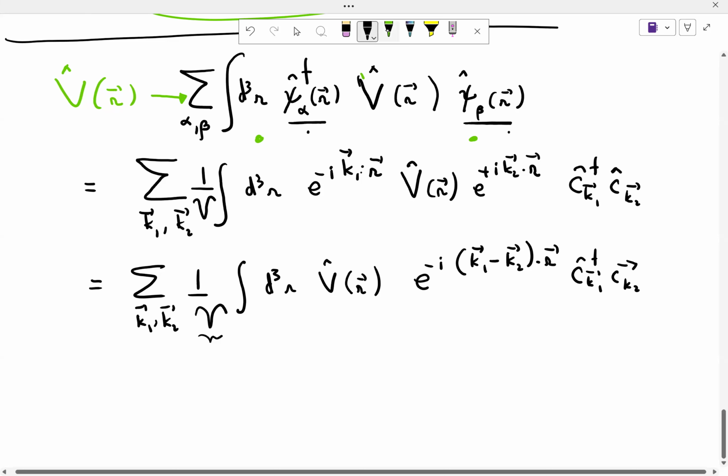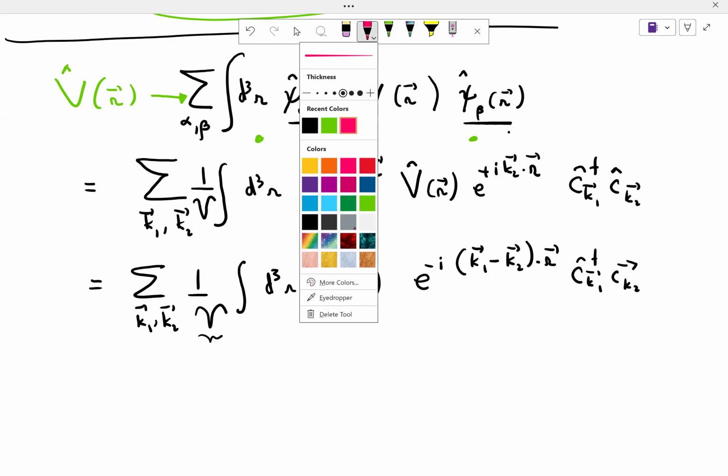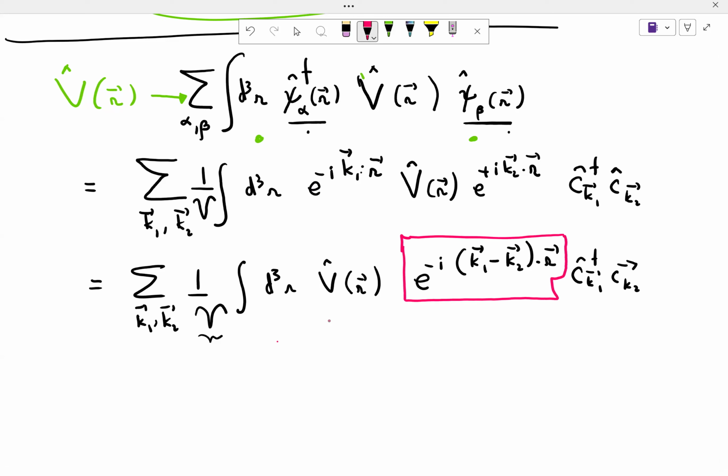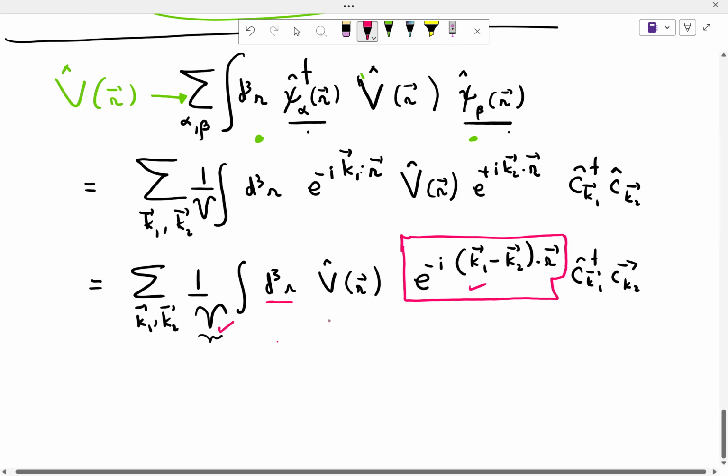Now, if I look at these terms, this term, yeah, I get a Dirac delta function. So this term, together with 1 over V, together with this d cube r, I get the Dirac delta function.